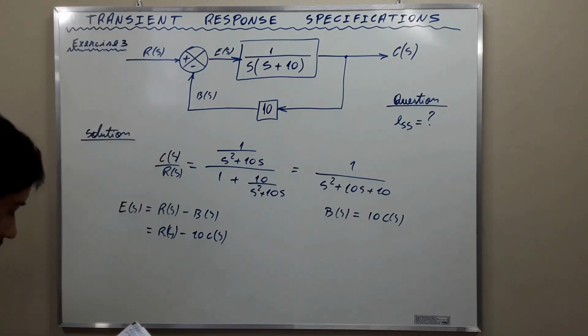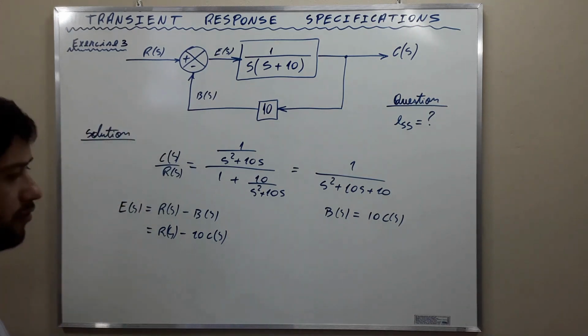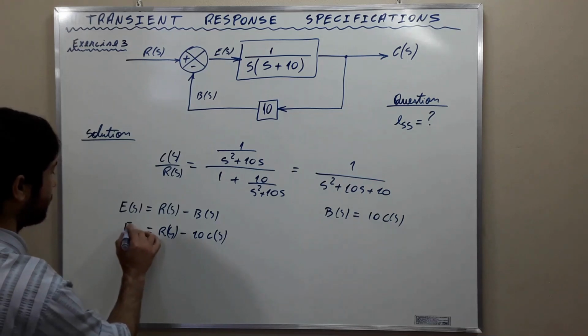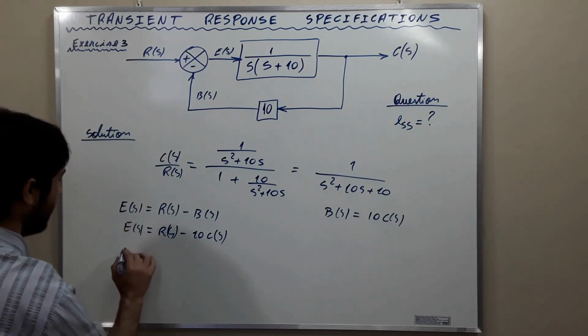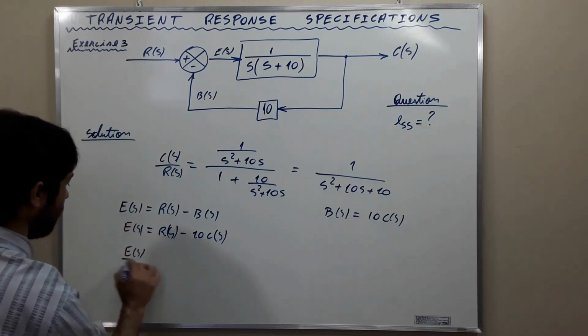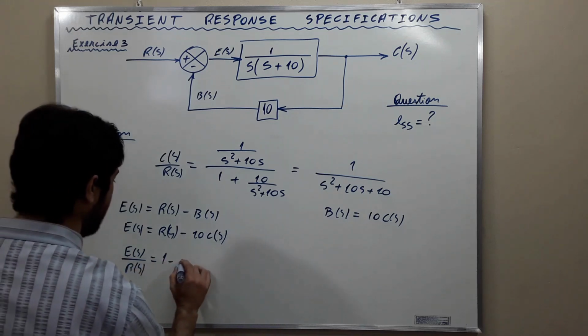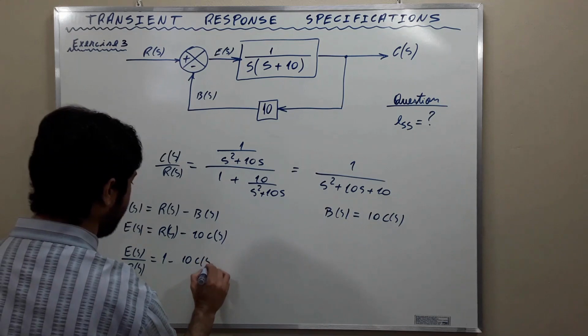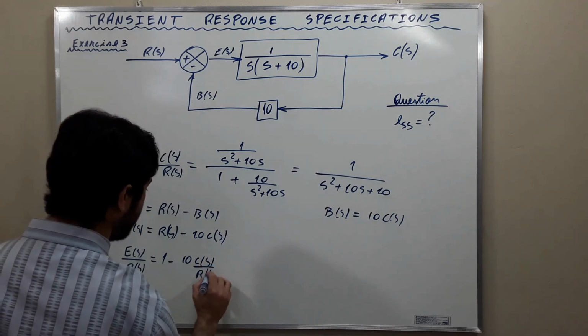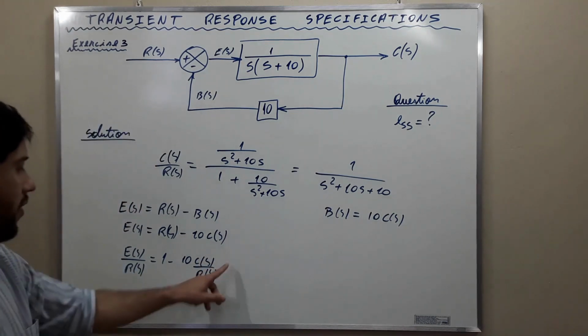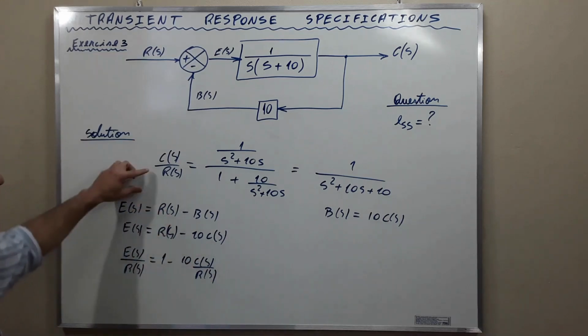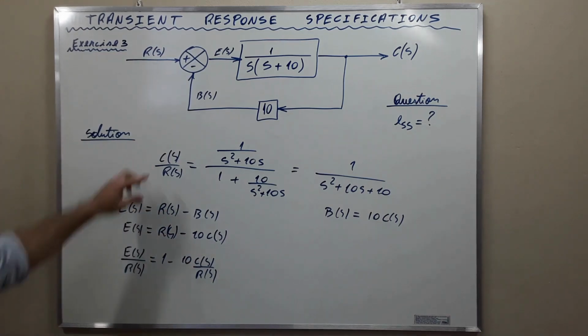Okay? And if we divide both sides by R of S, we get E of S over R of S equal to 1 minus 10 times C of S over R of S. C of S over R of S is our closed loop transfer function.